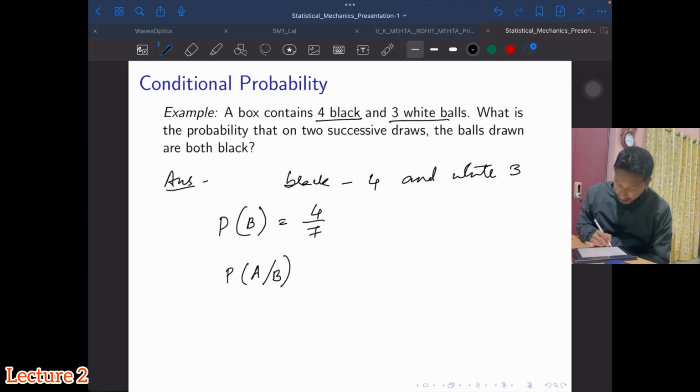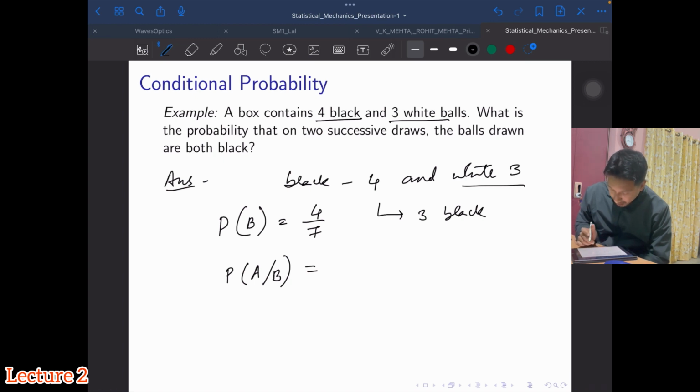Probability of A is getting a black ball again. We have already taken out 1 black ball, so we will be left with 3 black balls. All 3 white balls are still there, so the total number of balls is now 6.